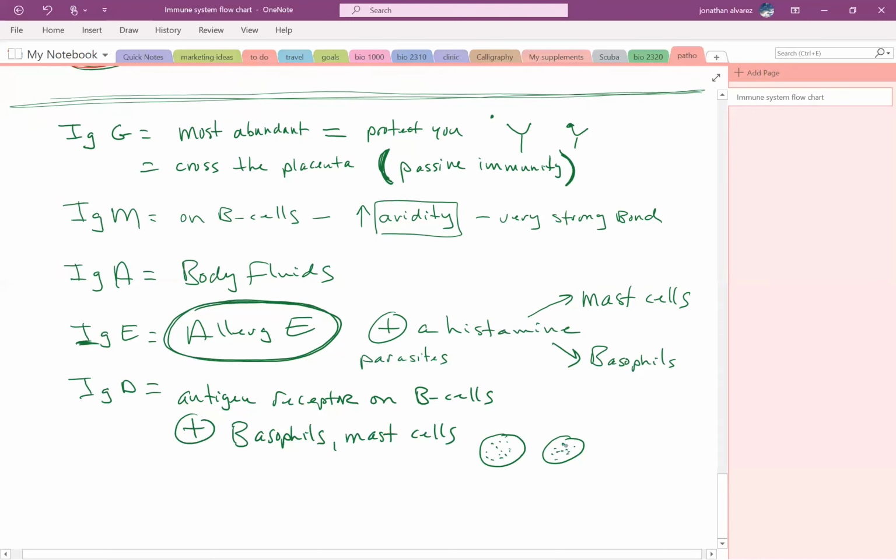Okay, and when those granules are released, that would be like, I guess a bit of a stretch of an analogy, be like pepper spraying someone. The stuff is contained, and then you release it, and then whatever it contacts, something's going to happen. Okay, so those are your granulated cells.